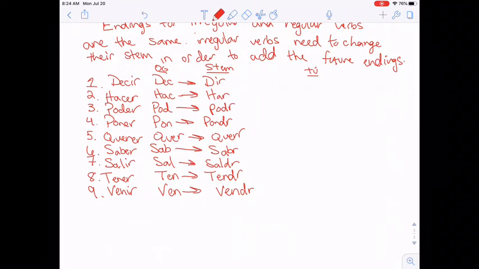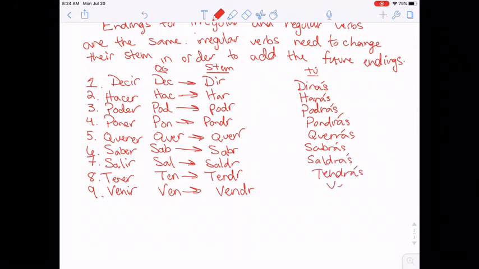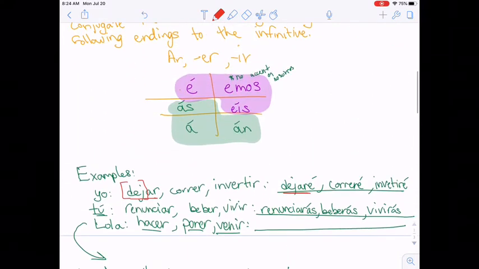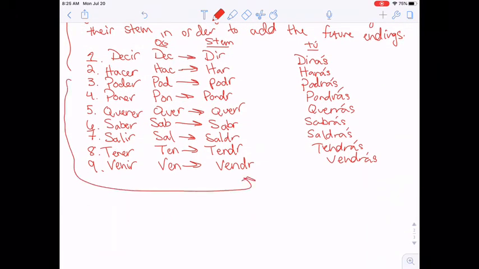So let's do a couple. Alrighty, so dirás, harás, podrás, pondrás, querrás, sabrás, saldrás, tendrás, vendrás. Okay. So all we did was we took this tú-form ending and we put it at the bottom of the stem.